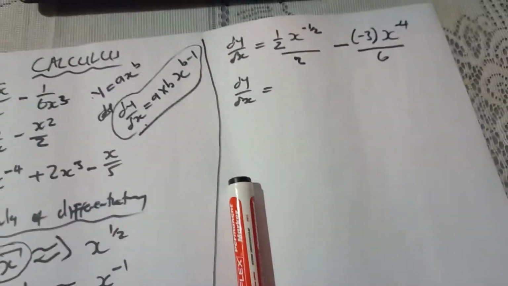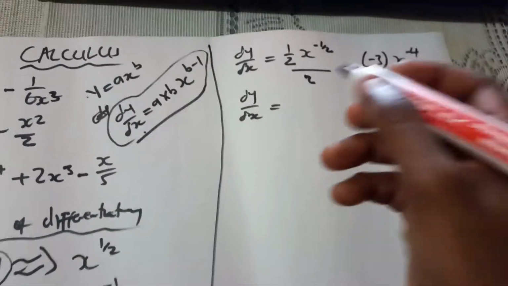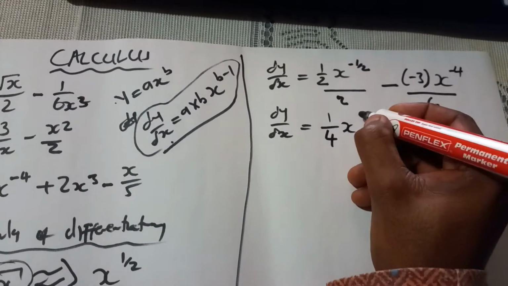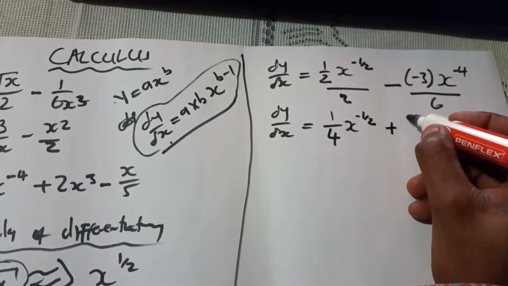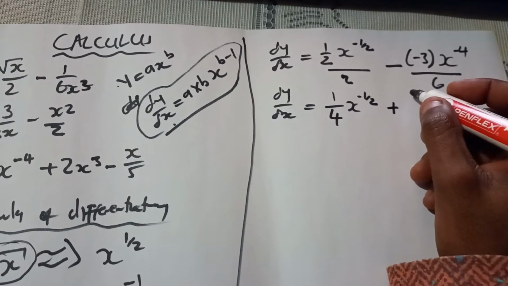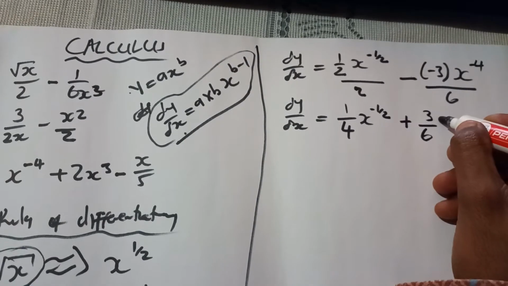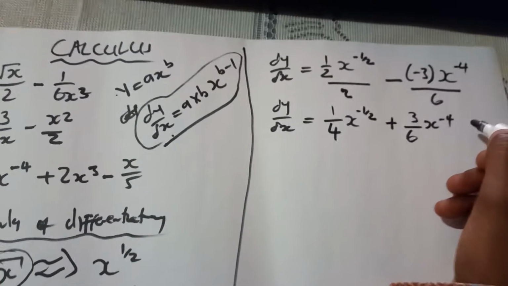So it's going to be 1 over 4 x to the power negative 1 over 2, plus this is going to be 3 over 6 x to the power negative 4.